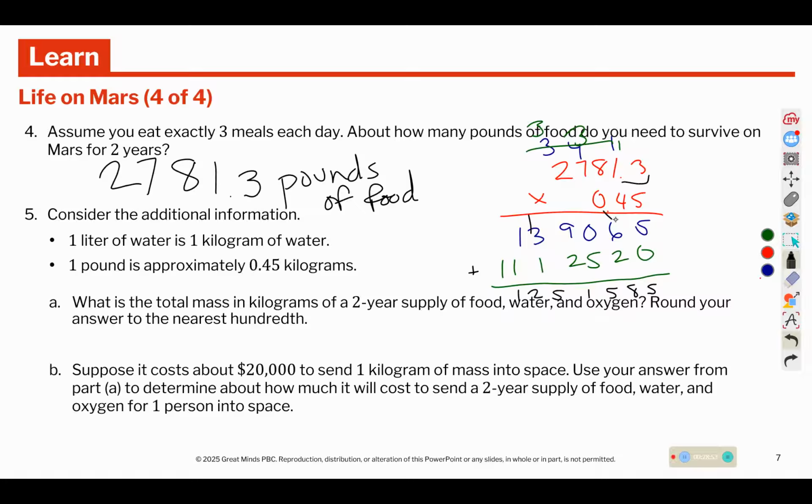There's 1, 2, 3 spots. But it also asks us to round. So this is 1,251.59 for the food.